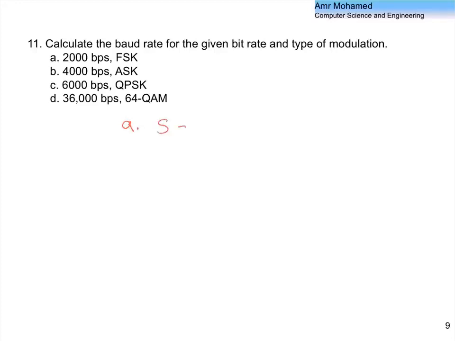The signal rate S equals N times 1 over r, and for FSK r is the number of data elements divided by the number of signal elements, and here it's 1. So S is 2000 baud. Remember, the unit for the signal rate is baud.